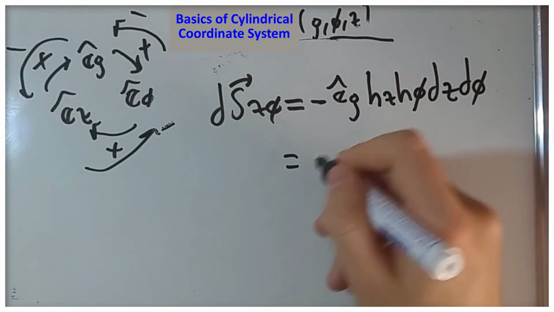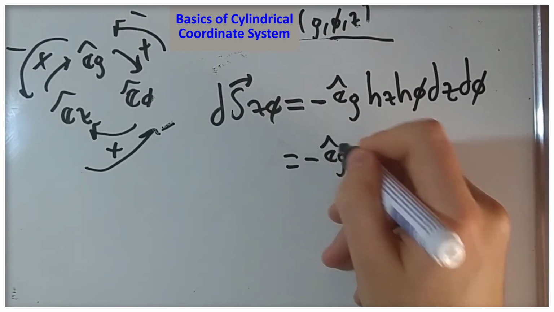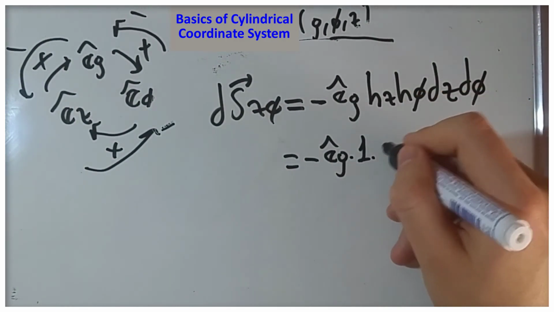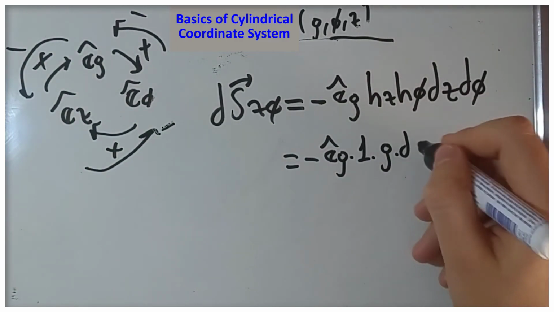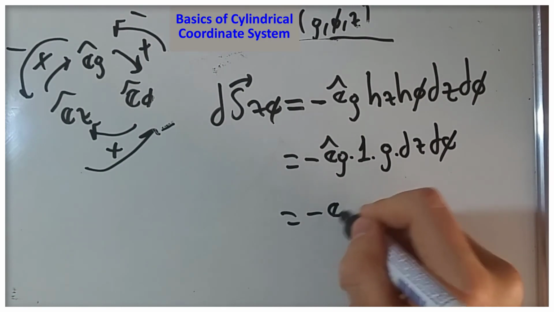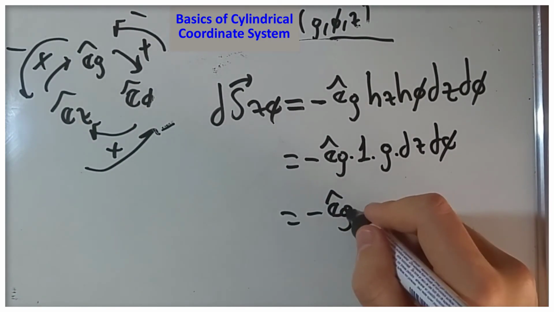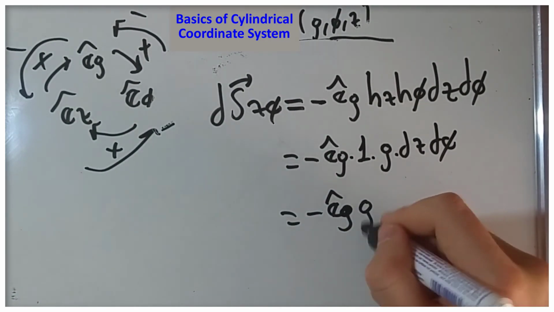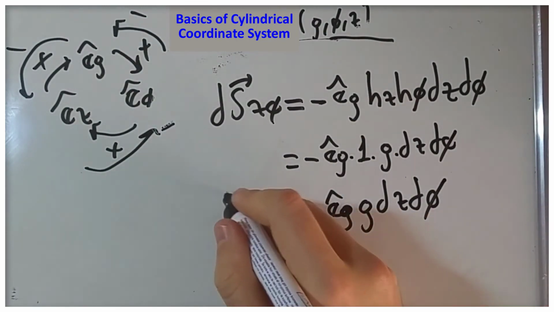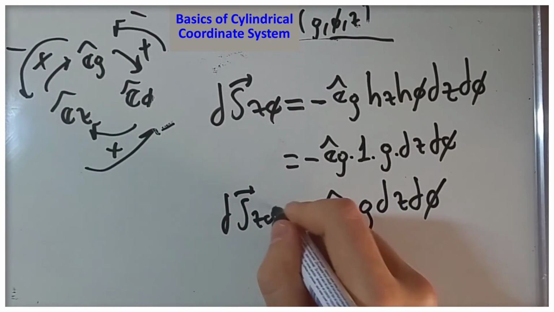If we arrange this in the direction of minus e rho, h phi is rho, dz d phi. As a result, I have a metric of size rho in the direction of e rho, so I get ds z phi in the form of rho dz d phi.